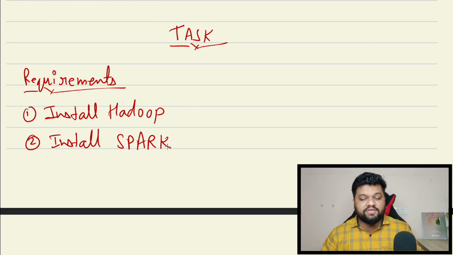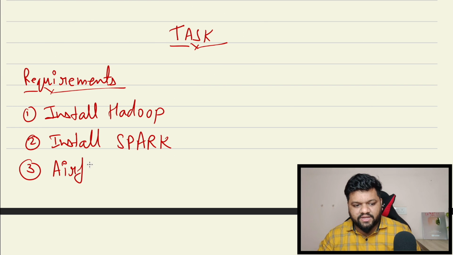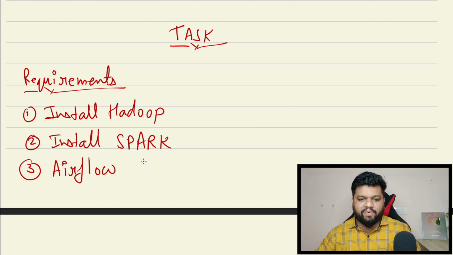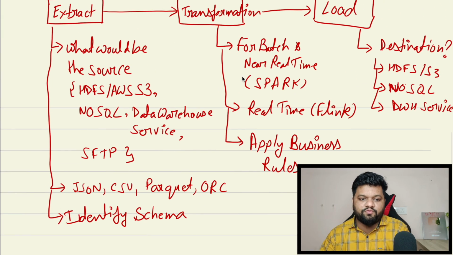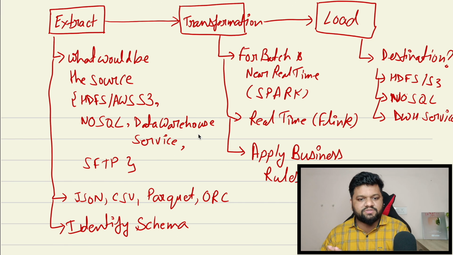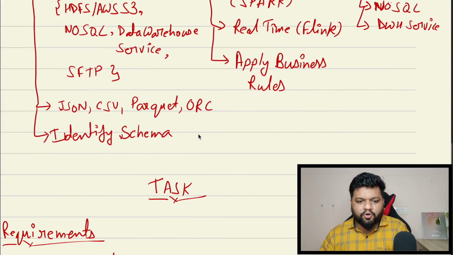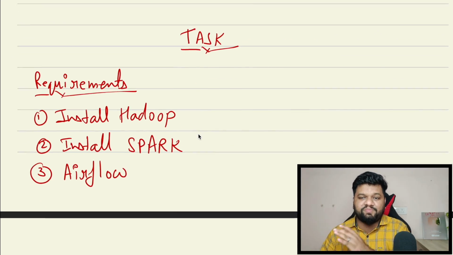Once these two things are done, you would also need to install Apache Airflow, which is basically the orchestration or workflow manager. If you remember the part where I was talking about frequency: if you have an application written, such as a Spark application, then in order to process it from time to time, you need to trigger it with respect to that frequency.